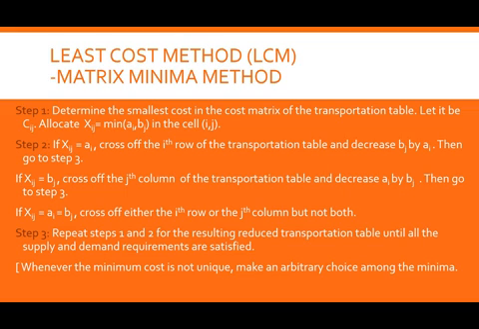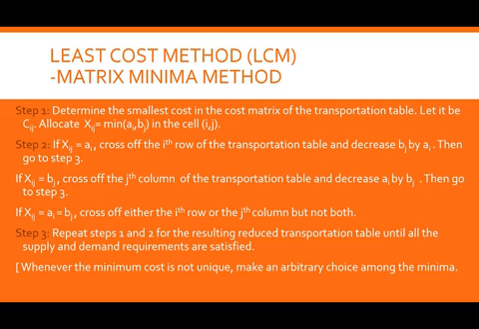Step one is to determine the smallest cost in the cost matrix of the transportation table. Out of the cost matrix given, identify the minimum cost, the smallest cost. Let me assume it was Cij, that is the cost between the ith source and jth destination.